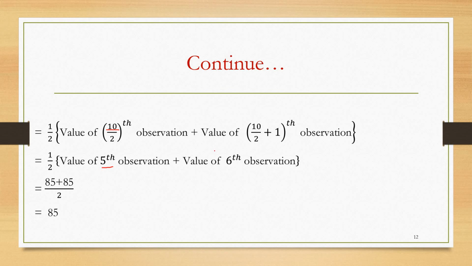So the next observation is the 6th observation. So we have to calculate the mean of 5th observation and the 6th observation, not the mean of 5 and 6. We are not calculating the mean of 5 and 6. We are calculating the mean of 5th observation and the 6th observation.